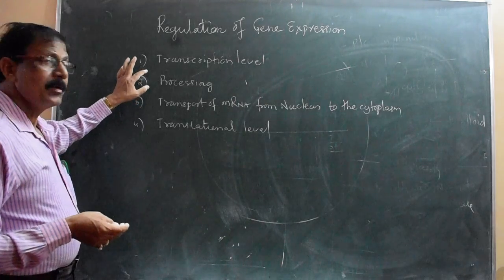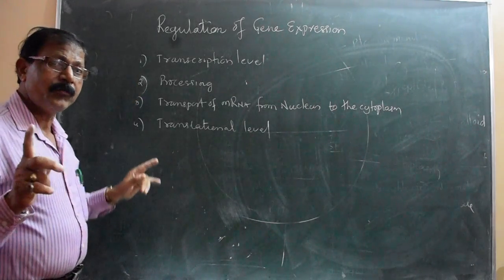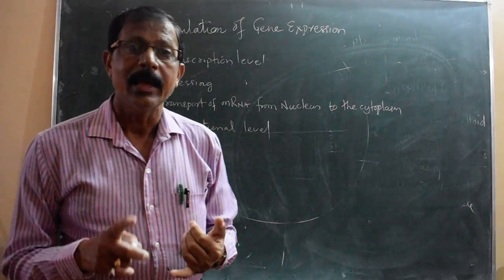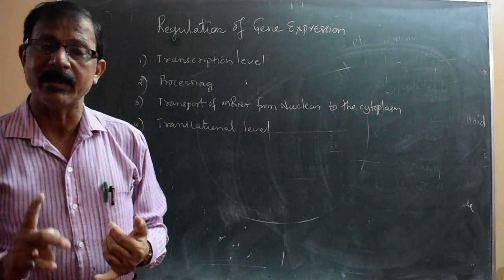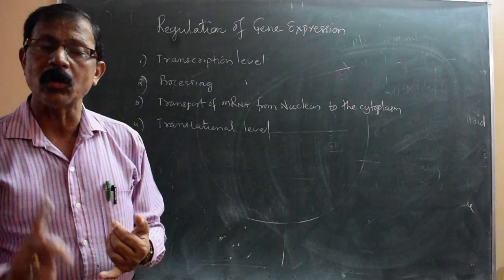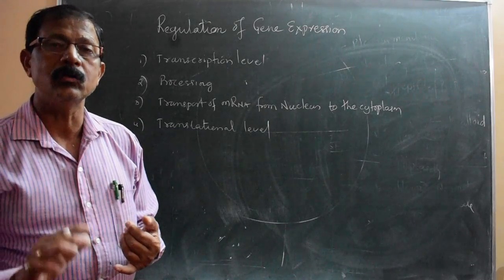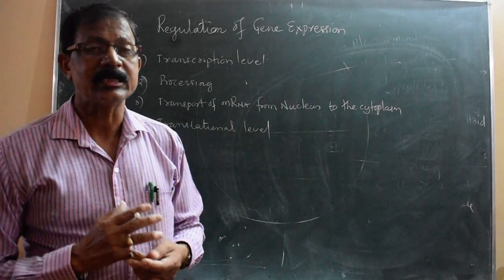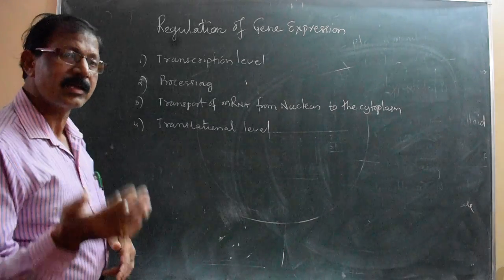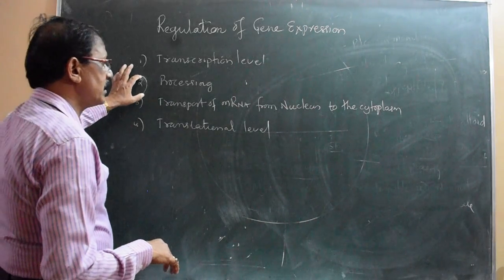So that is why processing is very important. If in the nucleus, after the formation of mRNA, processing does not take place, it does not go on to the next step, and it does not go for translation. So processing is very important.